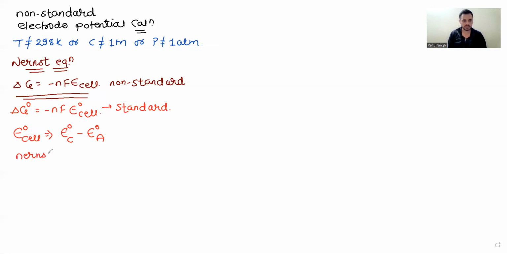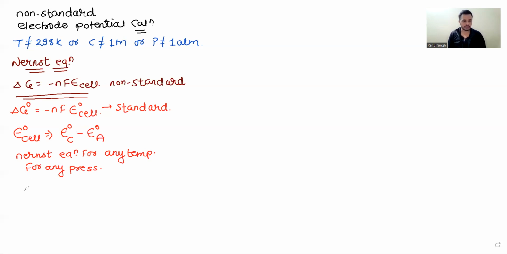Again, we have seen the Nernst equation for any temperature, any pressure, or any molar concentration.